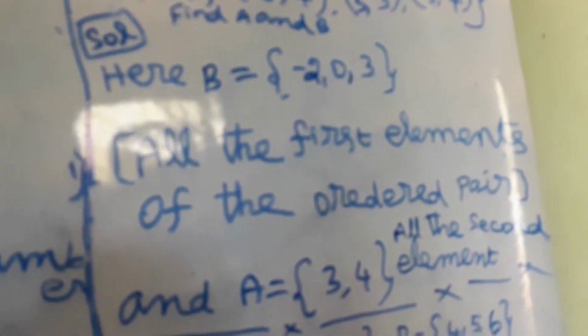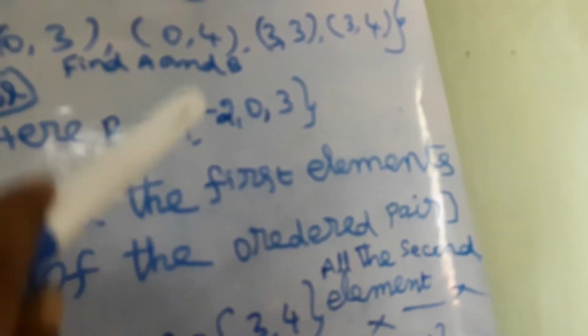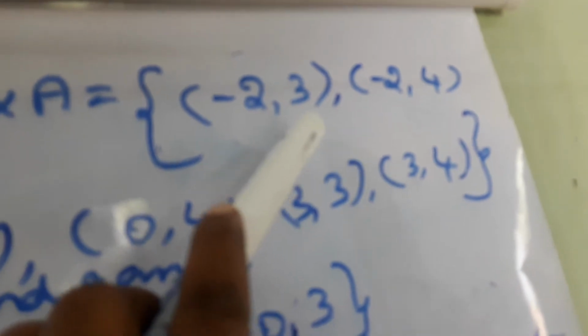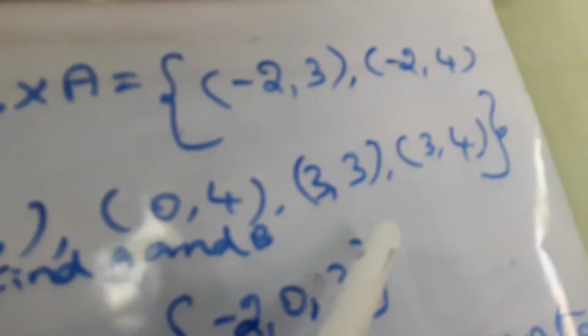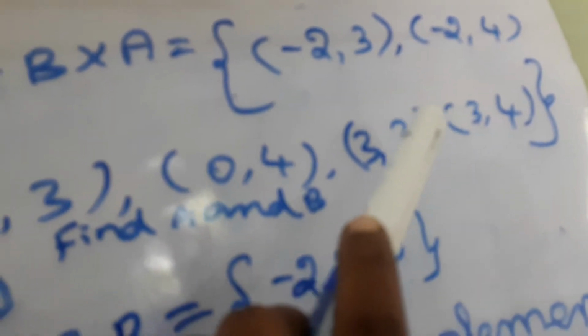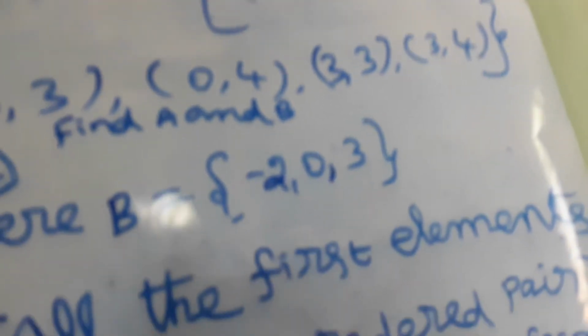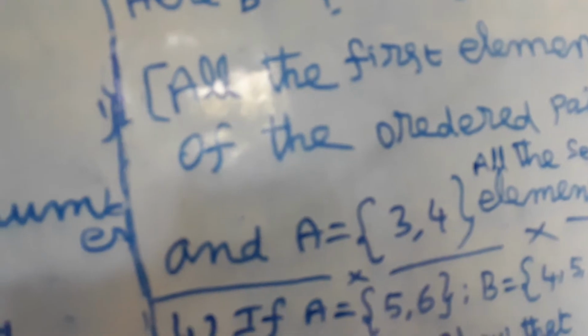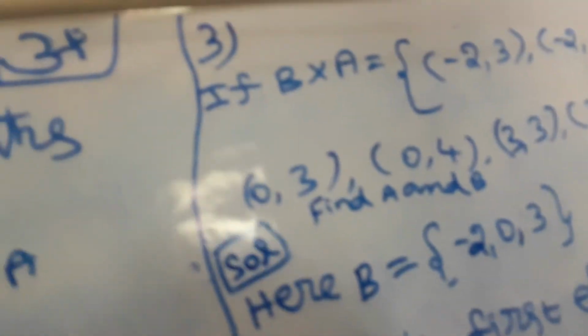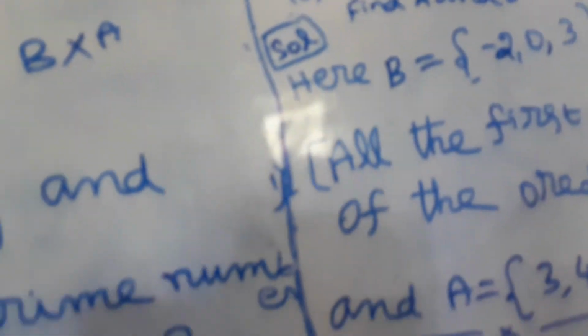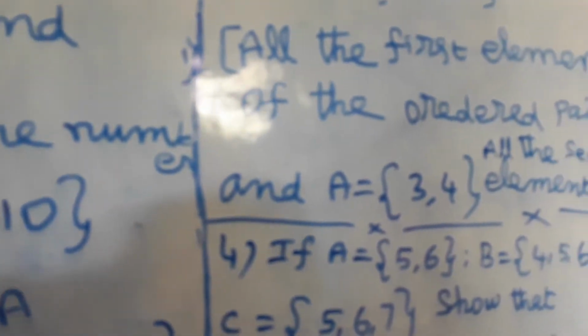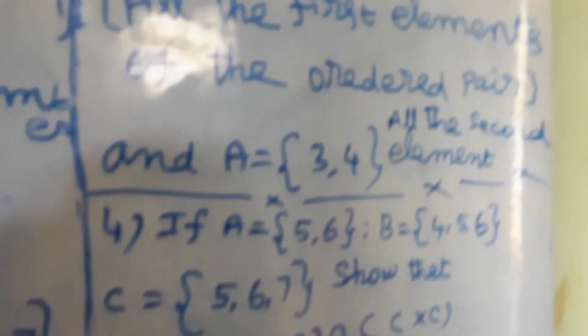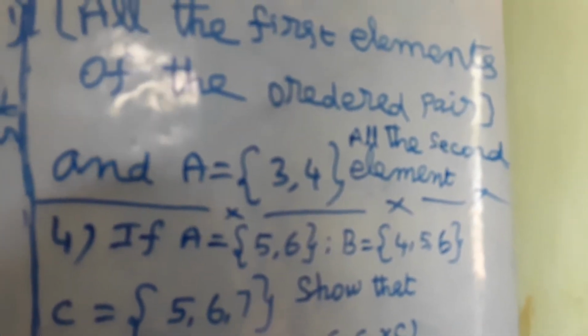And set A equal to the set of all second elements. 3 and 4 are the second elements in the B cross A set. Therefore, A equal to {3, 4}.